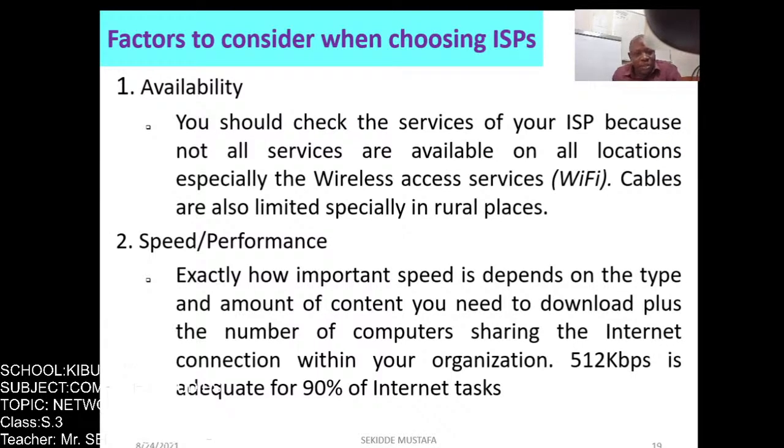So we go to networks. Some of you may not be seeing what we can go through. So what we do, we go to networks. You click the settings. After clicking the settings, then you click network and internet.